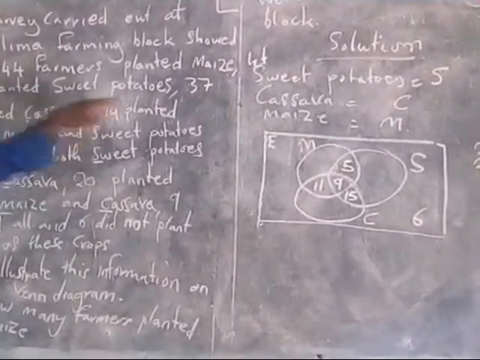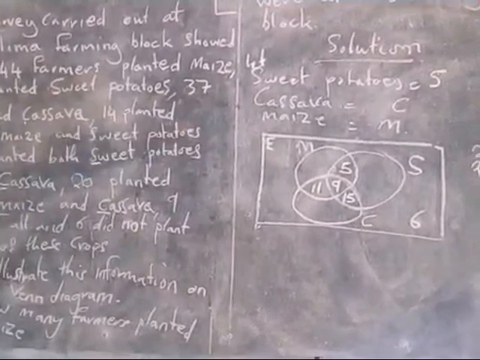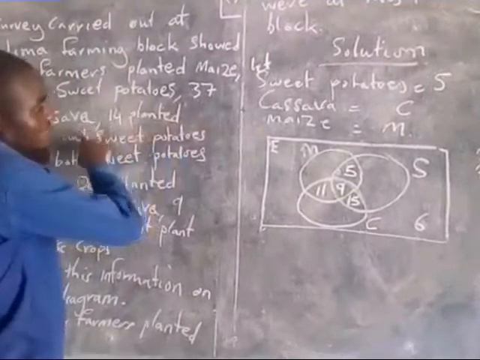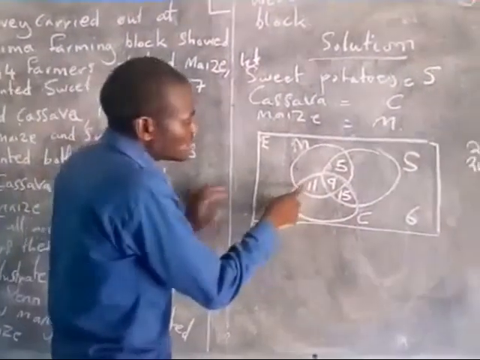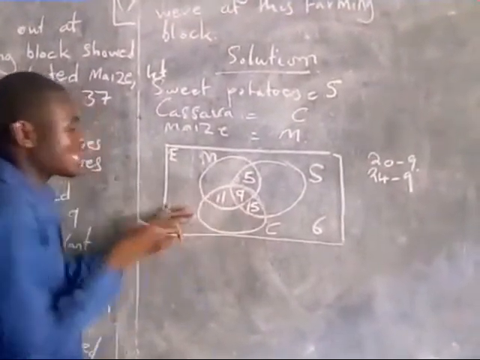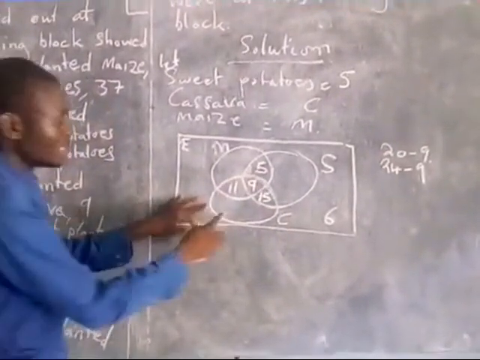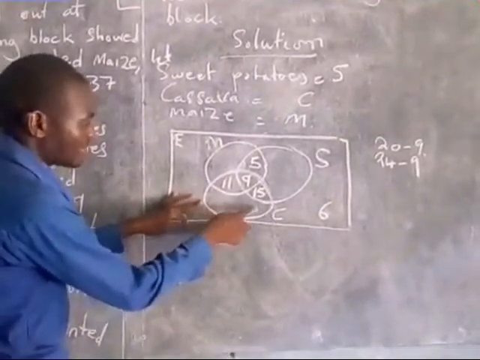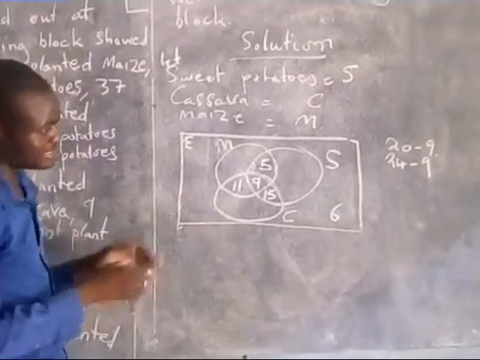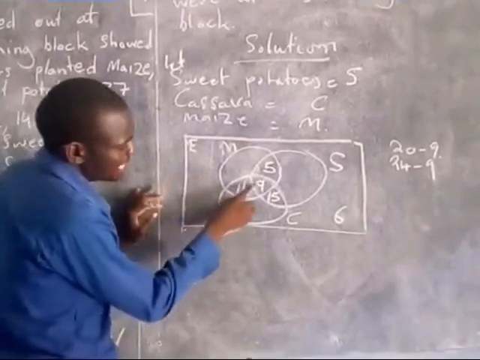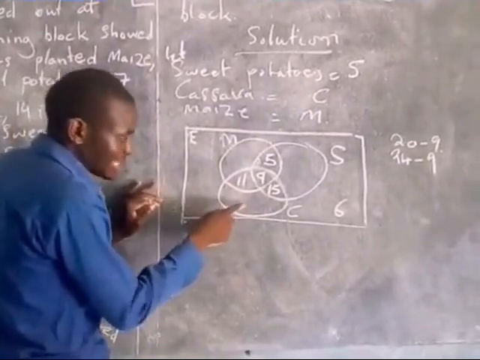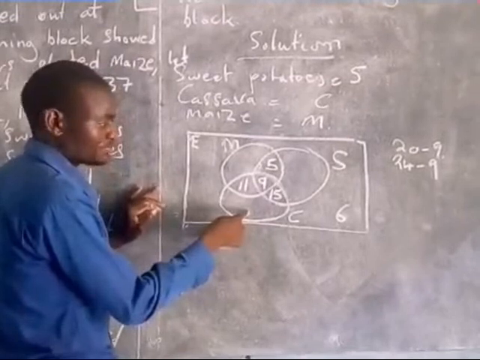moving upward. We have 37 planted cassava. 37. So they are saying the whole set of cassava is supposed to give us 37. So we need to find the value of the remaining part. How we can find this is, we need to know how many we have already in place, so that we can find the value of what we don't know.